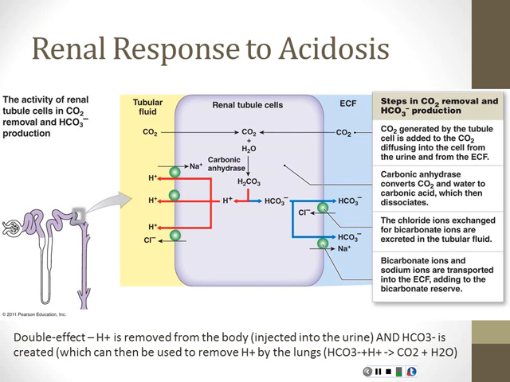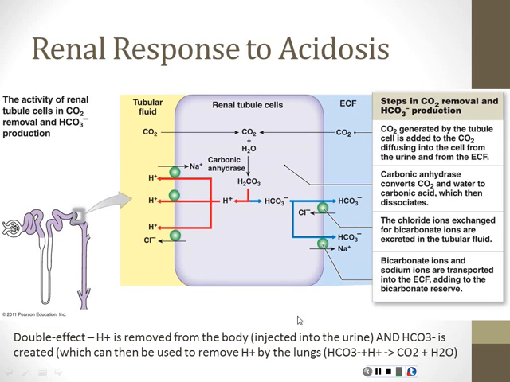So the perfect thing we would do is we would keep the bicarbonate and get rid of the hydrogen ion. And that's exactly what the kidney cell does in an acidosis. The bicarbonate goes out into the blood because it can now be used to get rid of a hydrogen ion in the lungs. And then the other piece of carbonic acid, the H+, gets pumped into the tubular fluid.